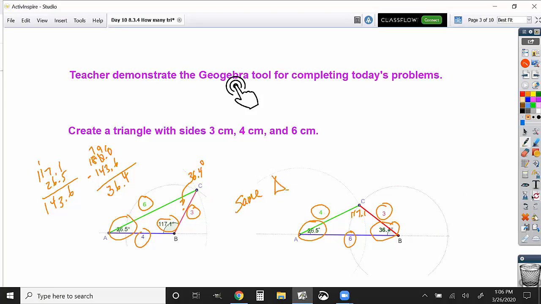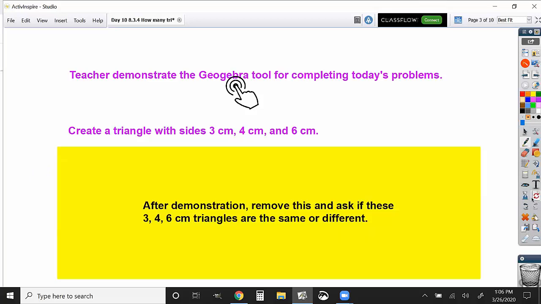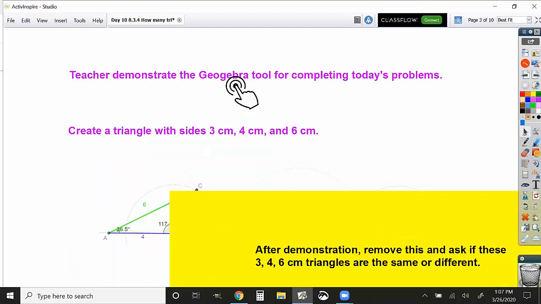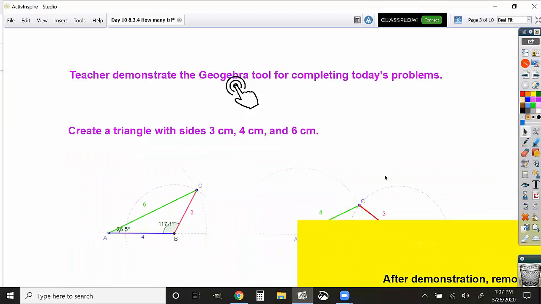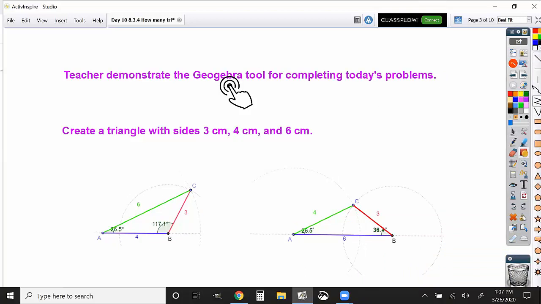So another way I could show you that is I could, whoops, sorry about that. Let's go back here. Move that back out of the way. Another way I could show you that they're the same triangle is by tracing this first one. Whoa.